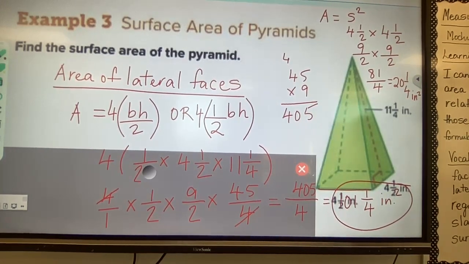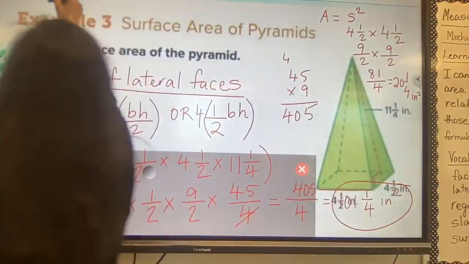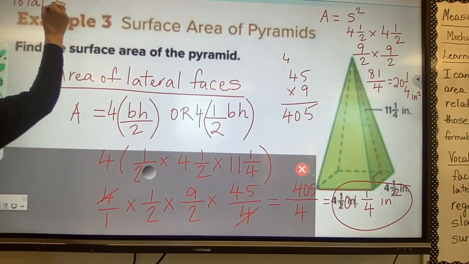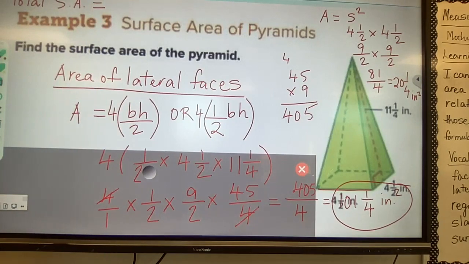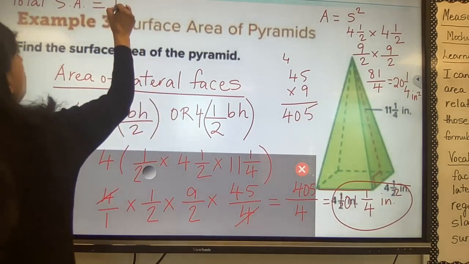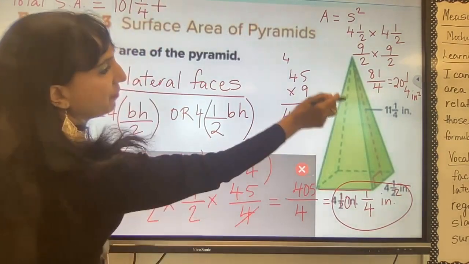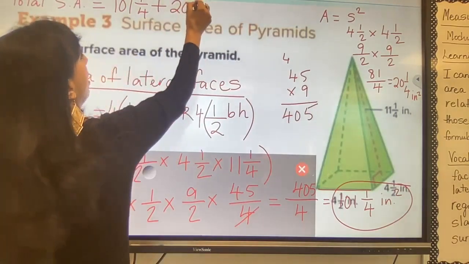So what would the total area be? It would be this plus this. So the total surface area of the prism is going to be the area of the lateral faces, which is 101 and 1/4, plus the area of the base, which is 20 and 1/4.